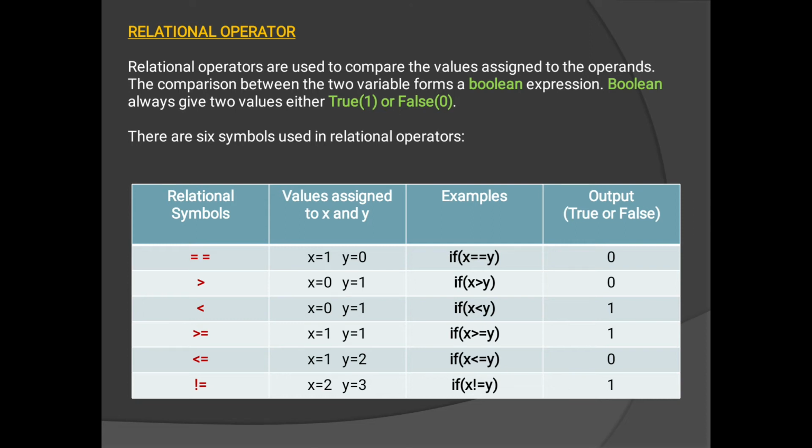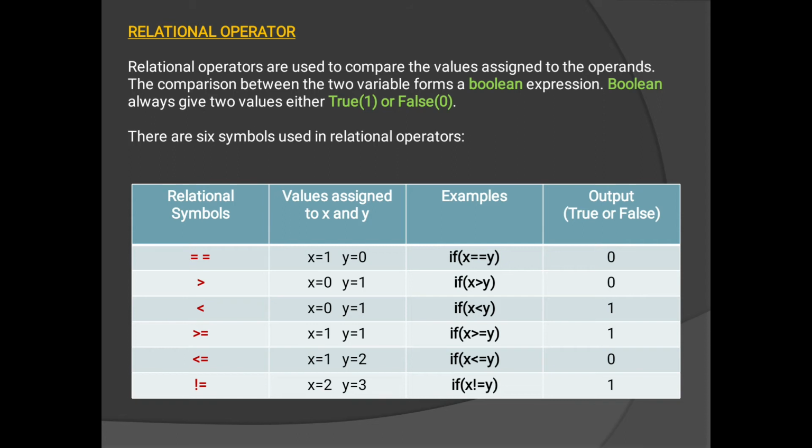The if is used for decision constructs when we have to test whether the expression turns out true or false. In the case of x you have value 1, and in the case of y you have value 0. So 1 equals 0, is it true? No. So the output is 0, so that means false. 0 means false.